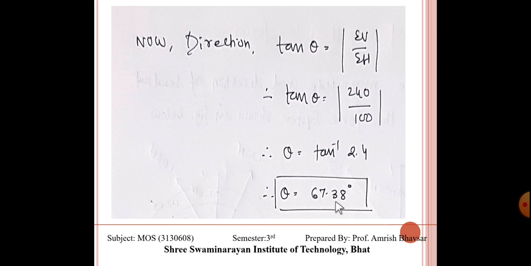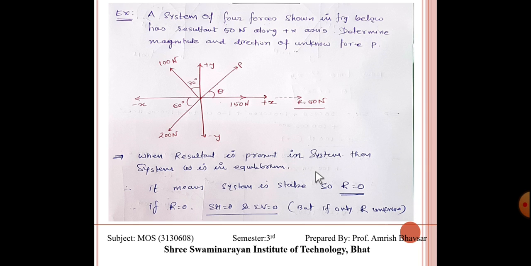So theta is equal to 67.38 degrees with the sigma h. Clear? It is very simple, but the thing is that we must resolve all the forces about the positive x-axis, and then it is very simple for us.